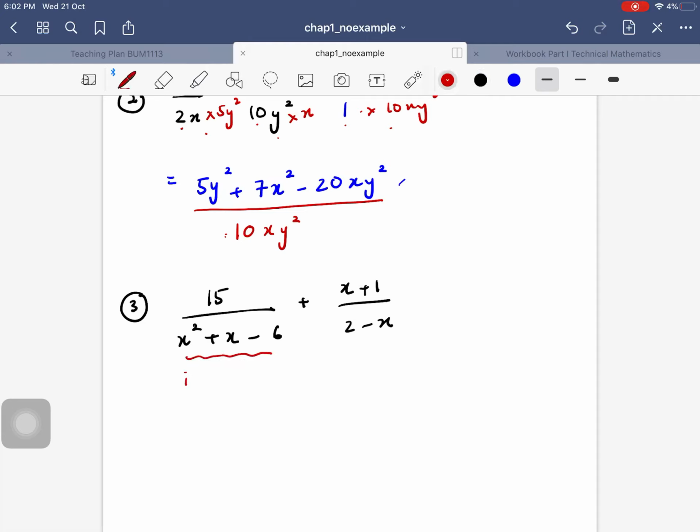In fact, I think this is reducible. And of course, like I mentioned before, you can always check by using your calculator. So I can write this as 15 over (x - 3)(x + 2). I'm sorry, it's going to be the other way around.